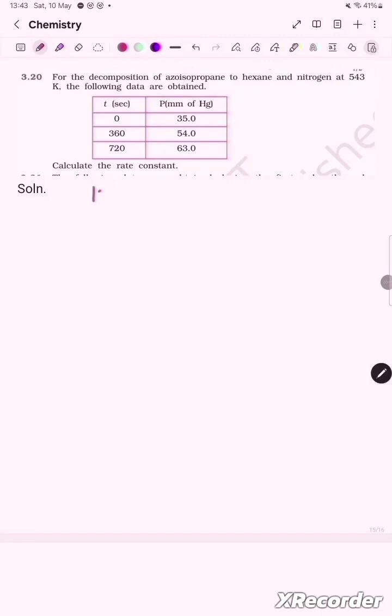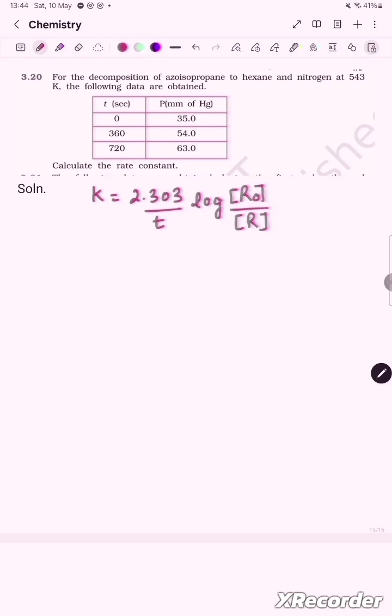First we know that k is equal to 2.303 by t log R naught upon R. This is the first order reaction formula for the rate constant. Here pressure is given, so we put the value of pressure.